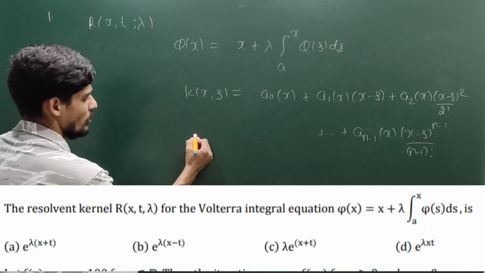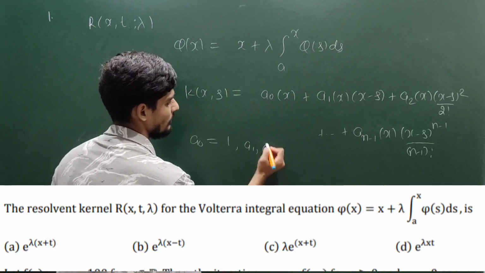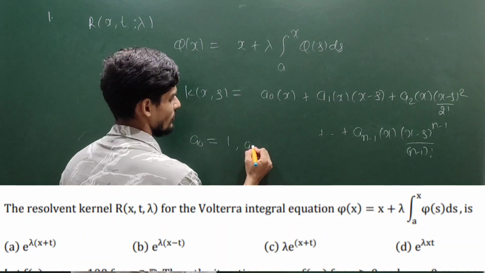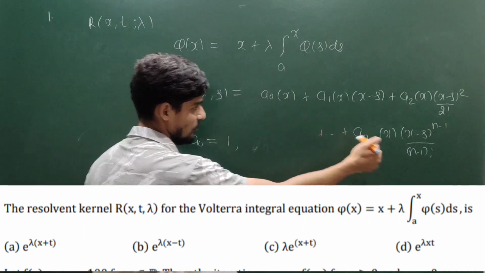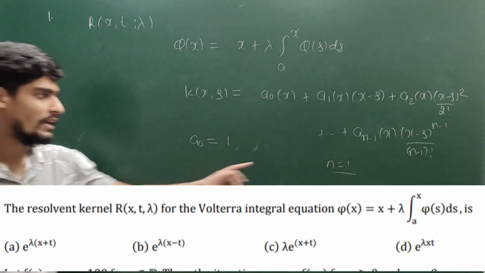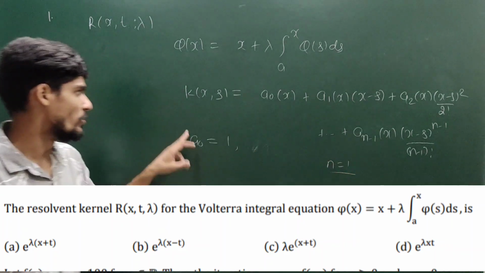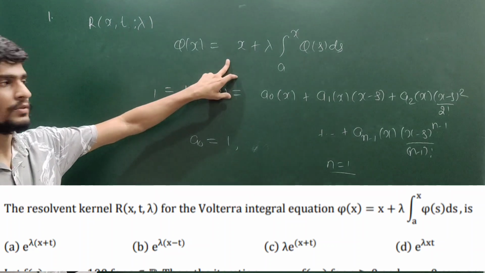In our equation, a0 is 1 and the sum is going till n equal to 1. You can observe this because your k(x, s) is 1 in this equation.